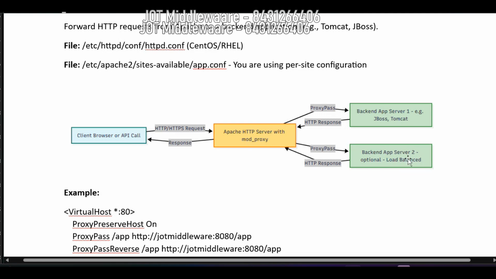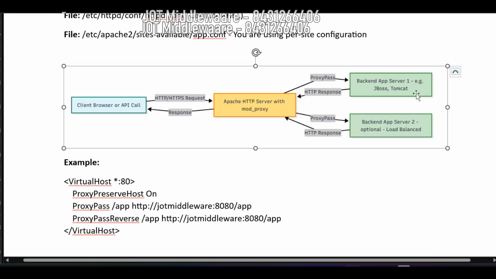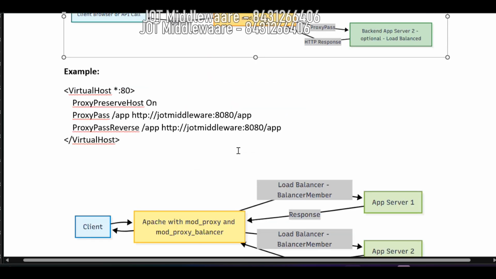Same for backend app server 2. How it is sending to these two is based on the configuration. So for app 1 it goes to app server 1, and for app 2 to app server 2. So this is a simple proxy pass.